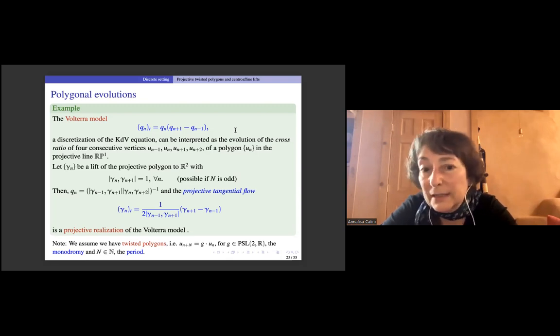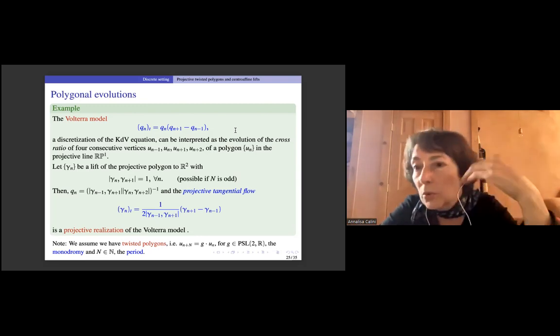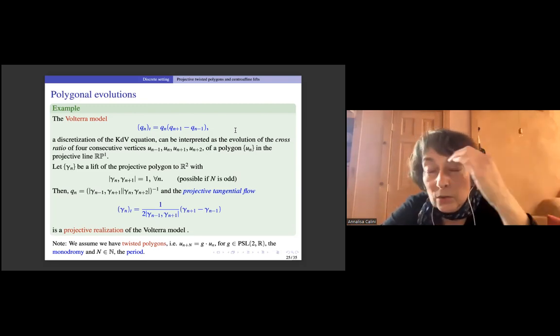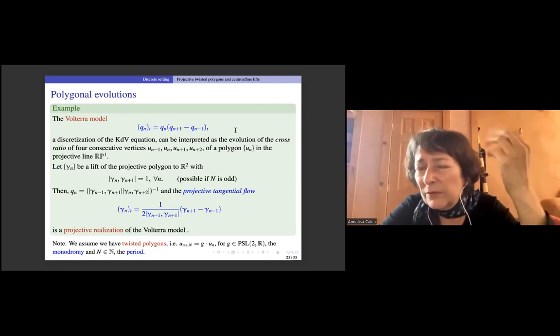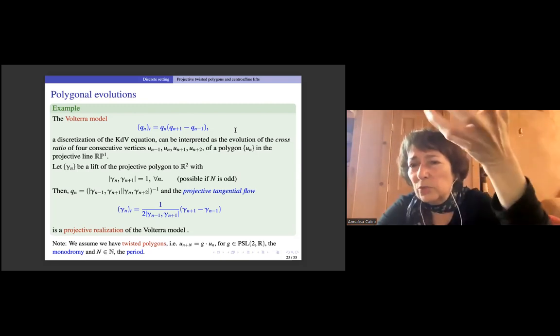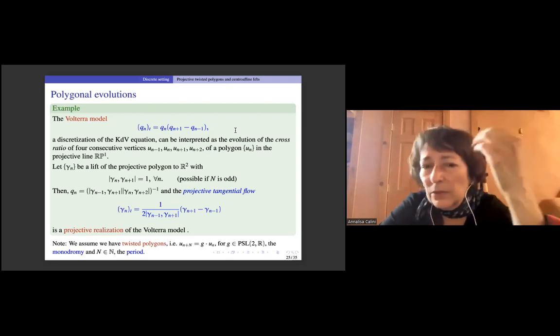So there is a unique lift. This is possible, I'll tell you in a second, if we consider closed polygons or polygons that close up to a monodromy, as I wrote it in a note. These are called twisted, to reflect that there is a monodromy twist at the end of your period n.